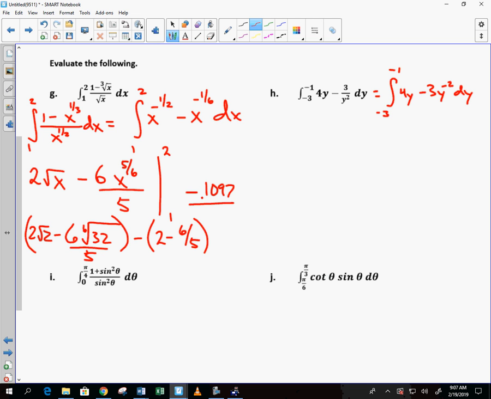Antiderivative of 4y: 2y squared. Antiderivative of 3y to the -2 would be plus 3 over y, isn't it? Evaluated at -1 and -3.